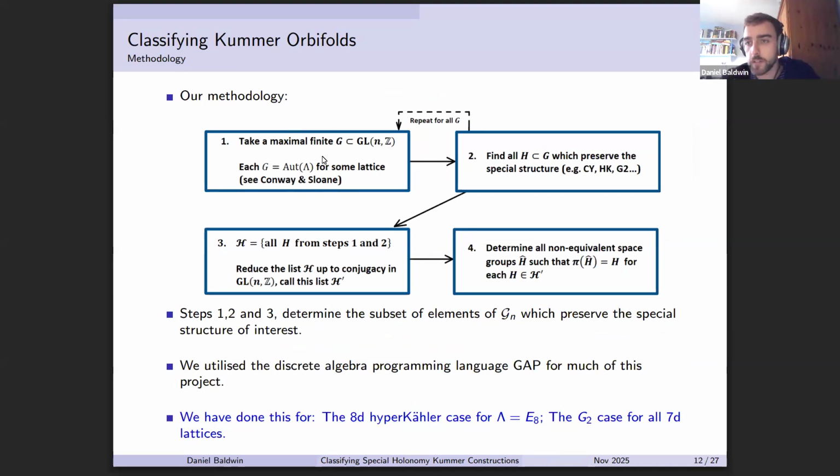So we take some maximal finite subgroup of GL(n,Z), and then in step 2, we find all of its subgroups which preserve the special structure that we're interested in. So for example, a G2 structure in 7 dimensions. And then we repeat this for all the maximal finite subgroups. What does maximal mean? There's no other finite subgroup which contains it as a subgroup.